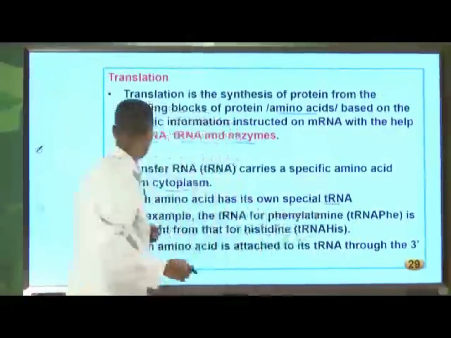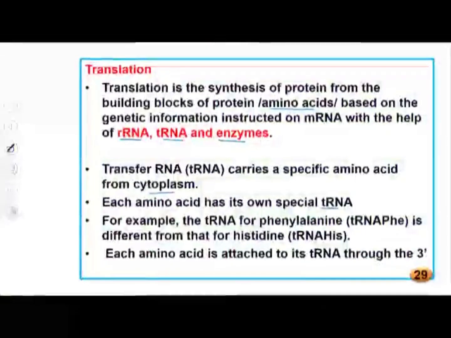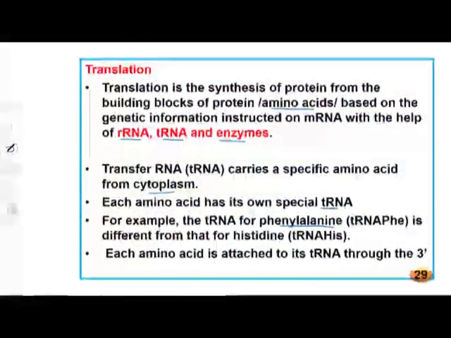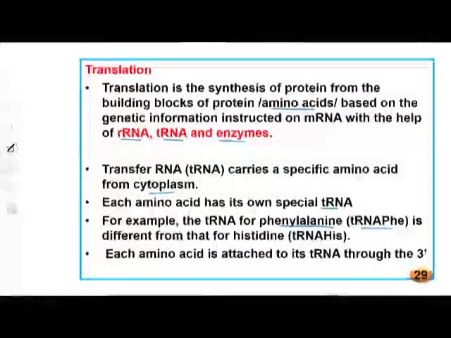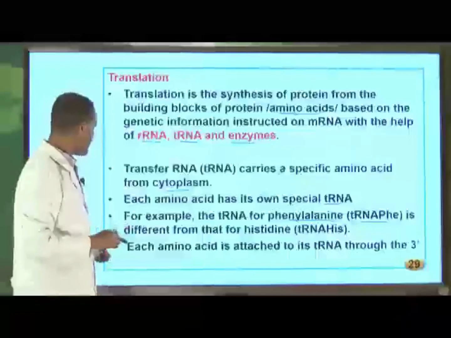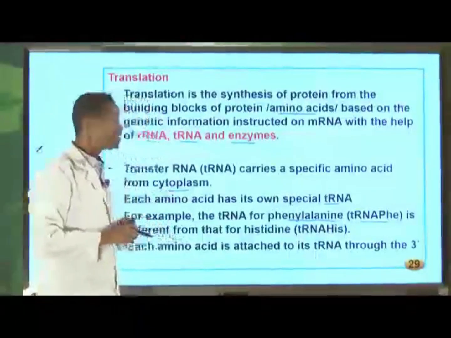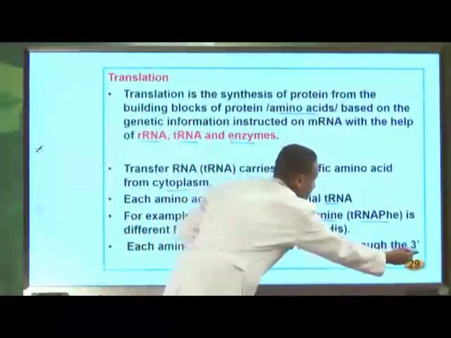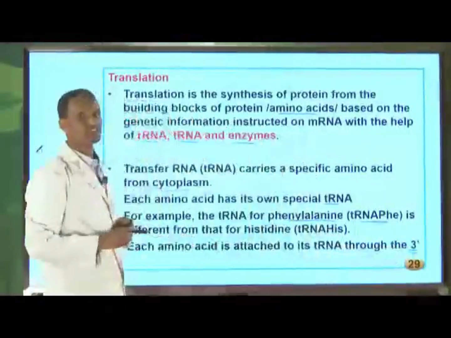For example, the transfer RNA for the amino acid phenylalanine is this transfer RNA. Therefore, each amino acid has its own special transfer RNA. Here, each amino acid is attached to its transfer RNA through the 3' end of the transfer RNA.